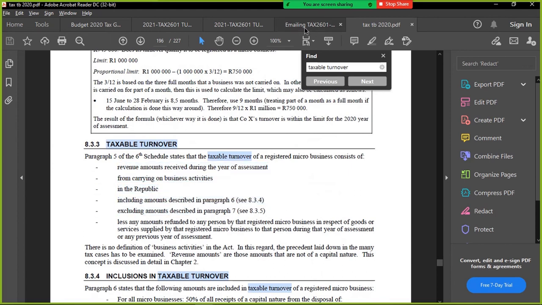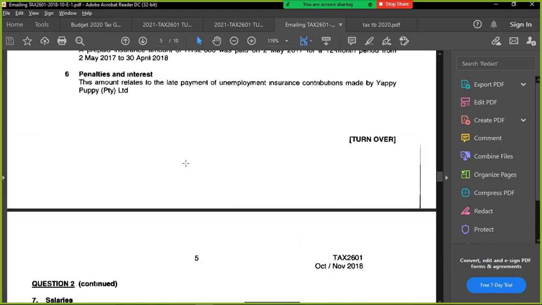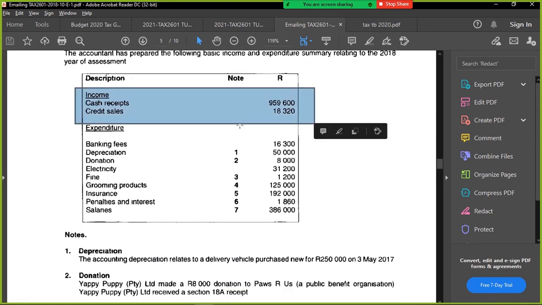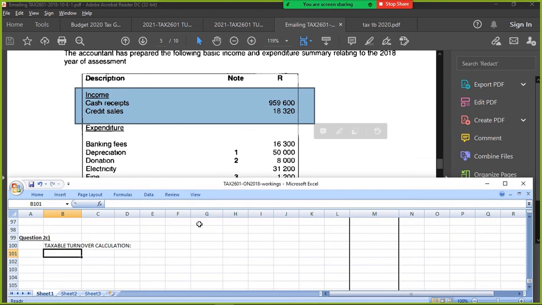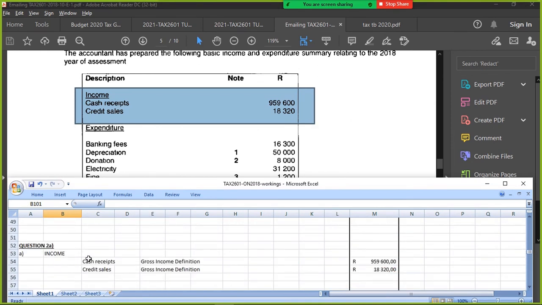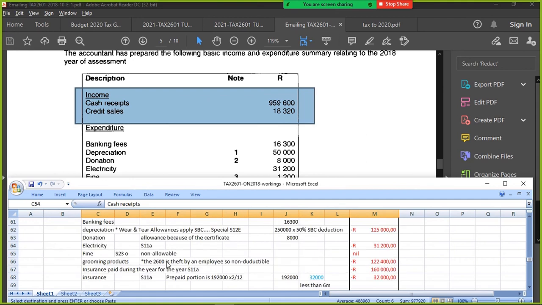Okay, so in this question, you didn't have any other receipts. Do you agree? You only had that, so you're going to put the full amount in. Do you agree? Yes. Okay, so it's literally just a copy paste here.